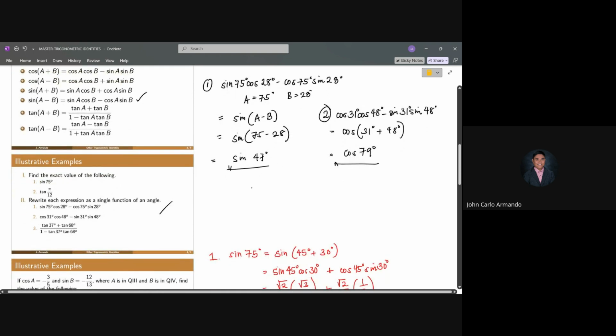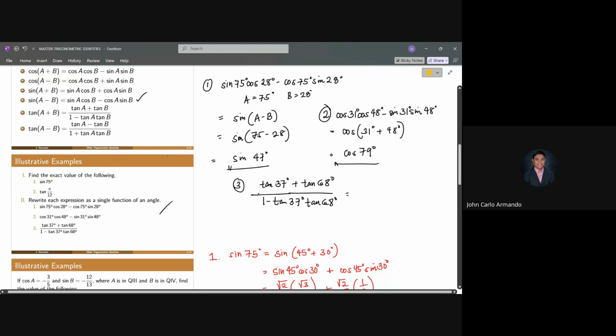And the third one is tangent 37 plus tangent 68 over 1 minus tangent 37 tangent 68.